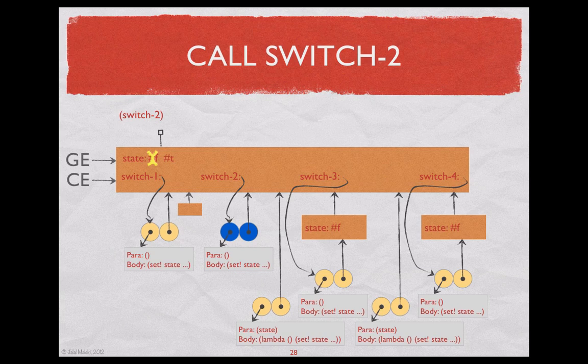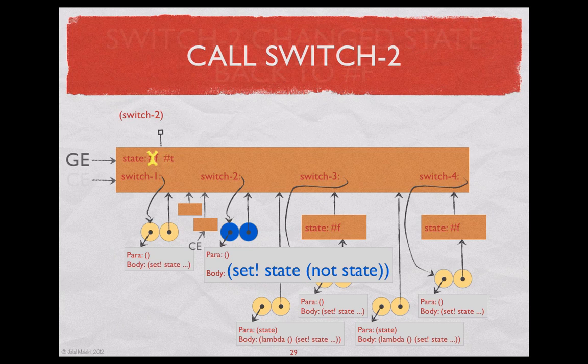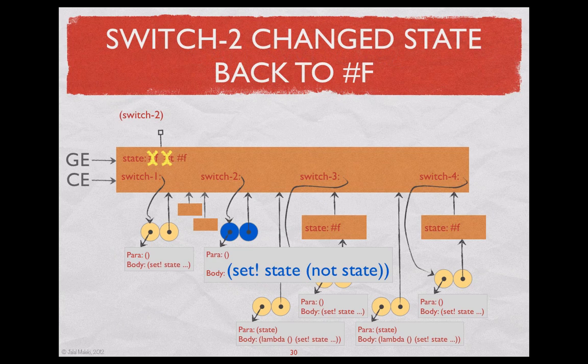Current environment was reset to what it was before, and this is how the world looks like. So let's do the same thing. Switch 2. Apply switch 2. What happens? A new environment is created, and that body is executed, and that true value we got there is removed, and it's replaced with F, for value false.